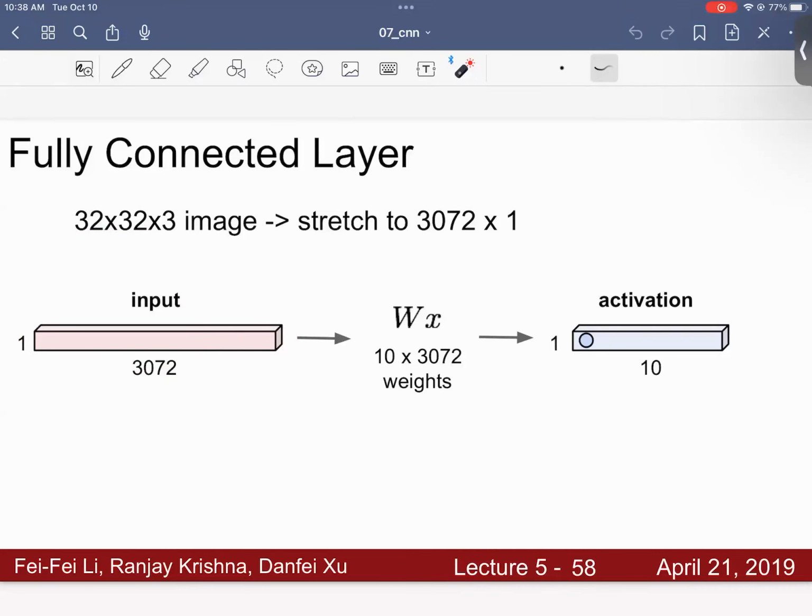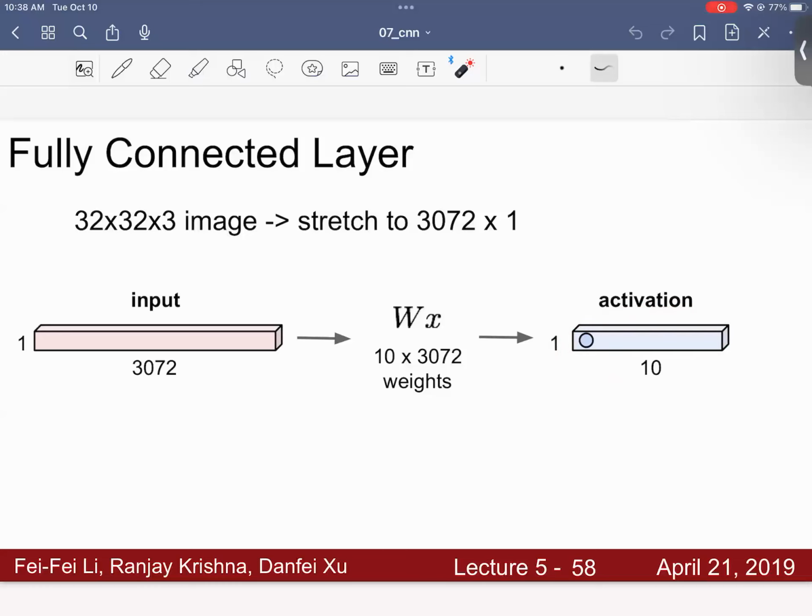If you want to encode, or downsize, the dimensionality of your input from 3072 to 10, then with fully connected layers you would employ a matrix of size 10 by 3072, which would be very, very long. This would be 3072, and this would be 10, right? You multiply it, and you get 10 by 1. That would be a fully connected layer.